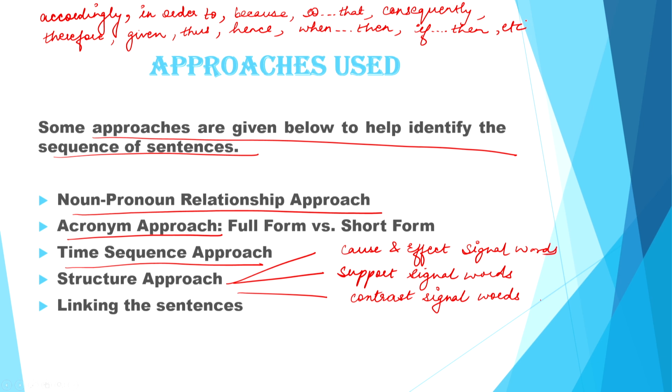These words show a cause and effect relationship, that is, something must have happened because of which this happens, right?